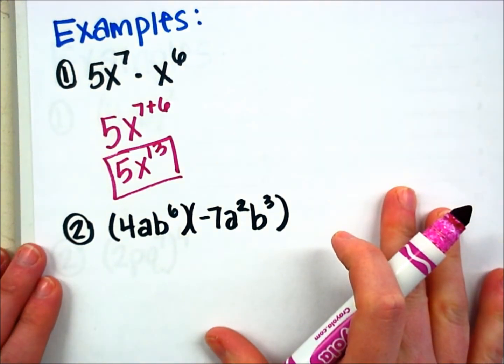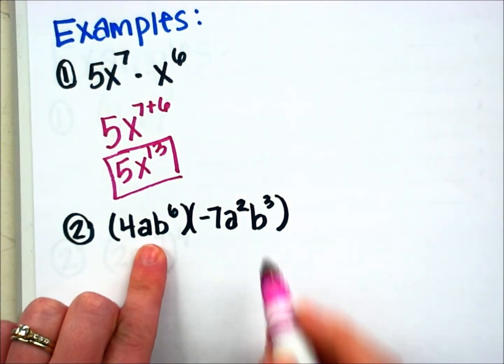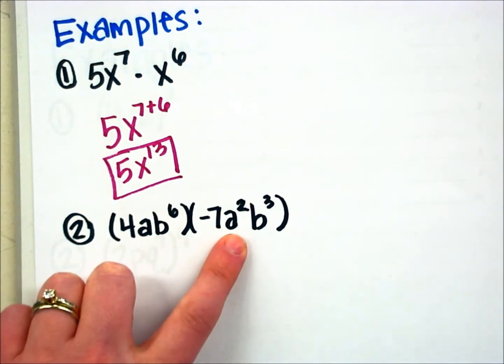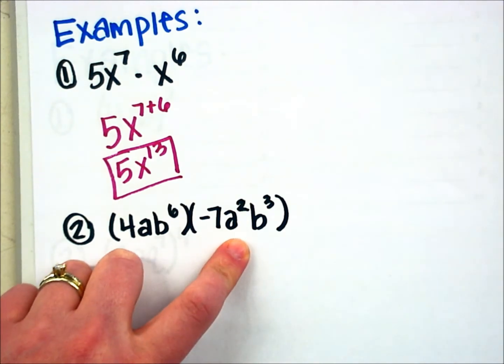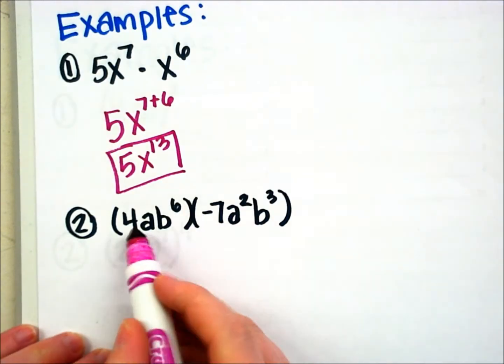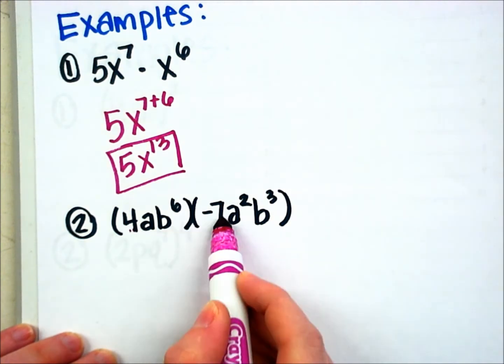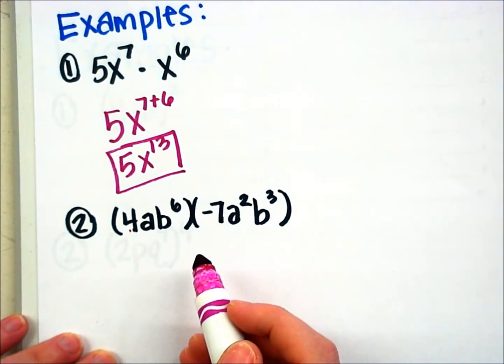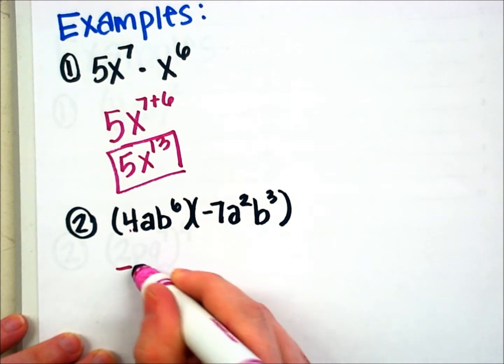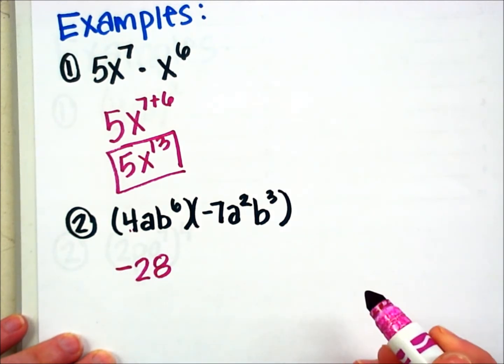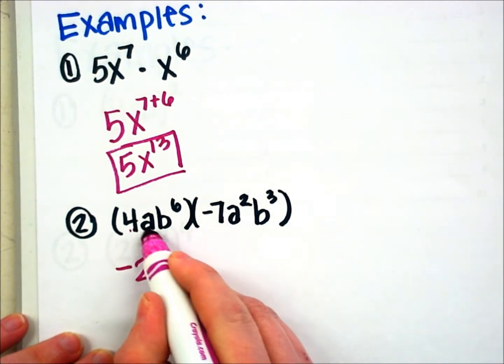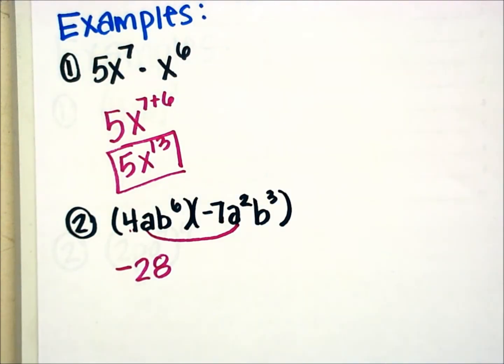In the second example here, I have 4ab to the 6th all times -7a squared b cubed. Now you're actually going to multiply these coefficients, 4 and -7. So 4 times -7 would give me -28. And then the bases of a and a squared, those two get multiplied together.